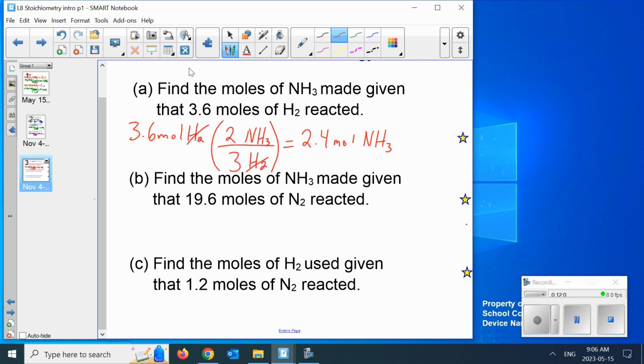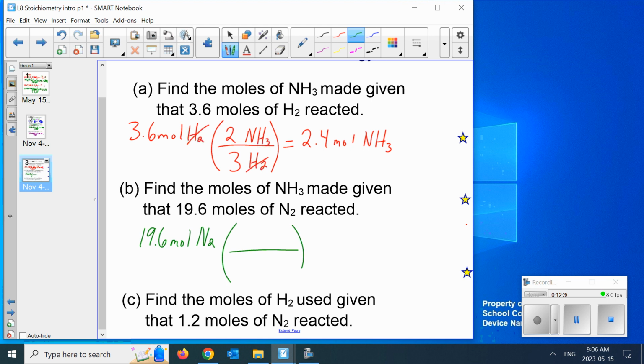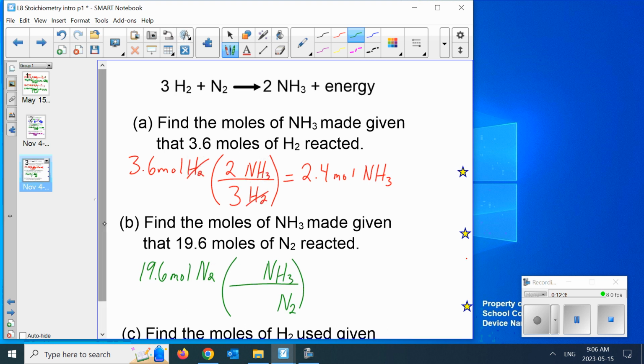Find the moles of ammonia given that 19.6 moles of nitrogen. Well, same skills. 19.6. Now we got 3 digits. Moles of nitrogen gas. I want to get rid of information about nitrogen gas. I want ammonia involved. I re-look at the balance reaction. I see that nitrogen is 1.